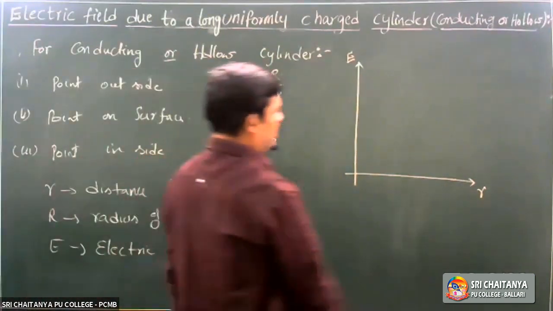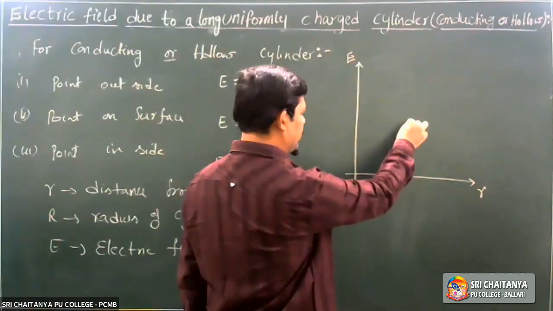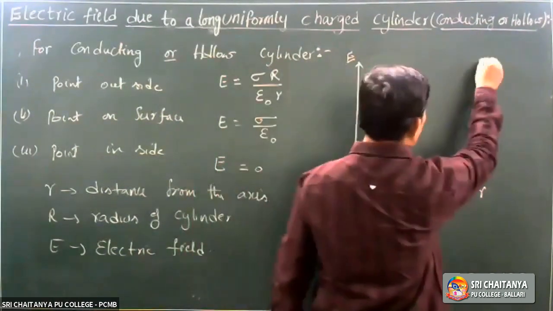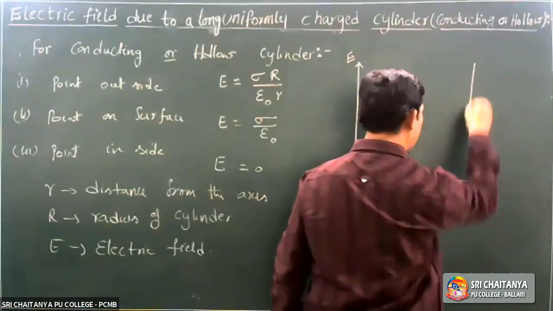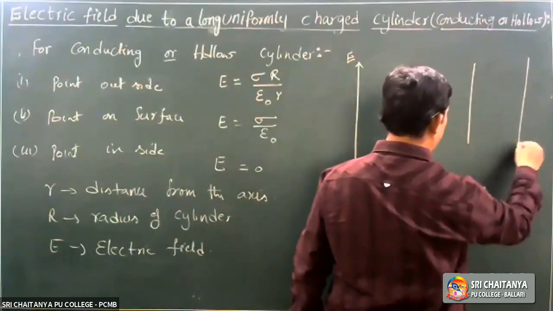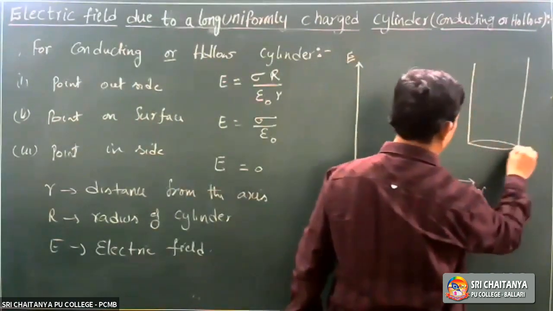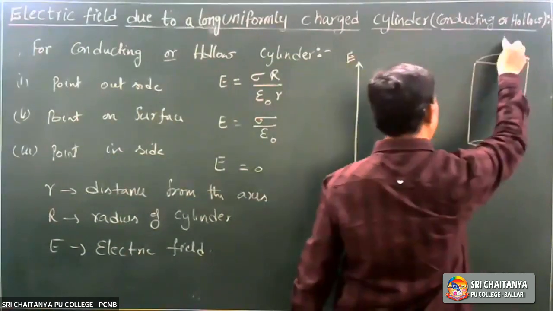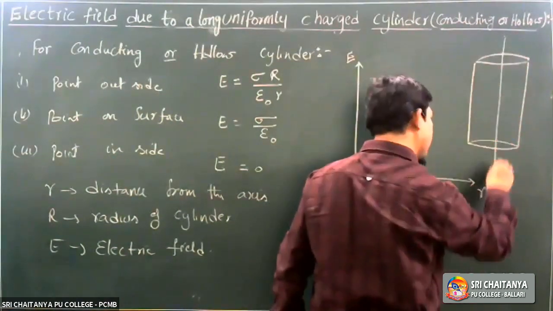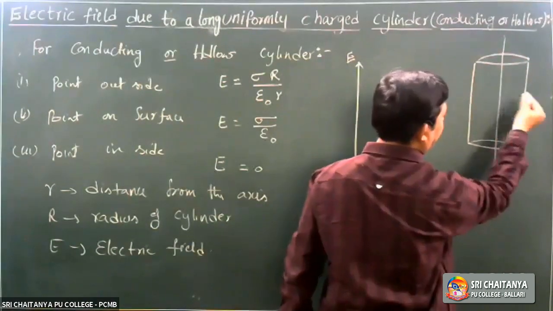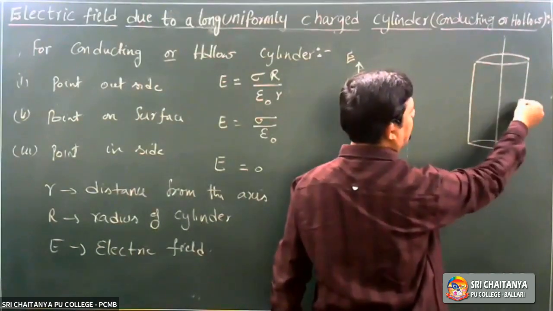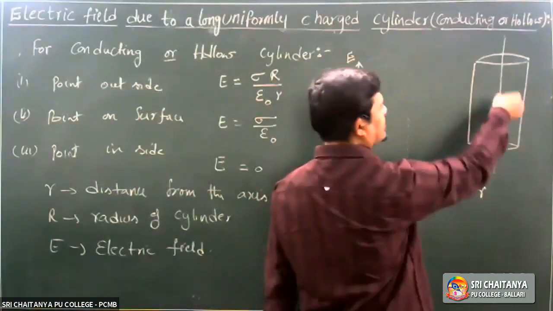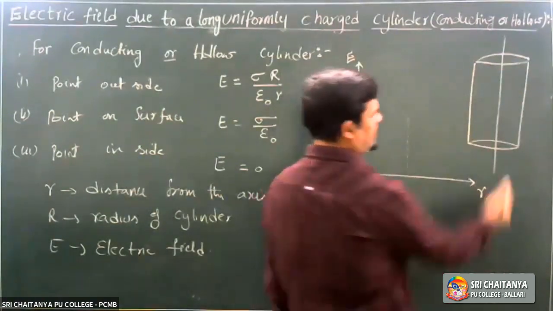Right? So I divide it into parts. If you take the cylinder and this is the axis, from the axis we are taking distances. If the point is P, this is R. So from the axis we are considering the distances.